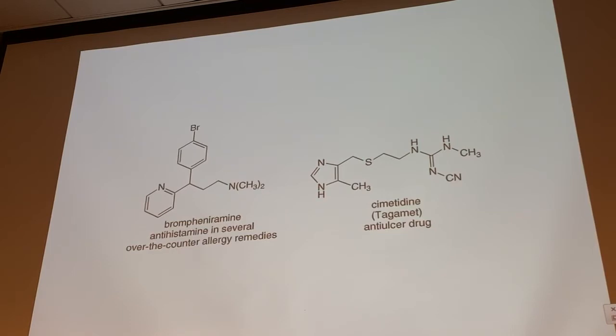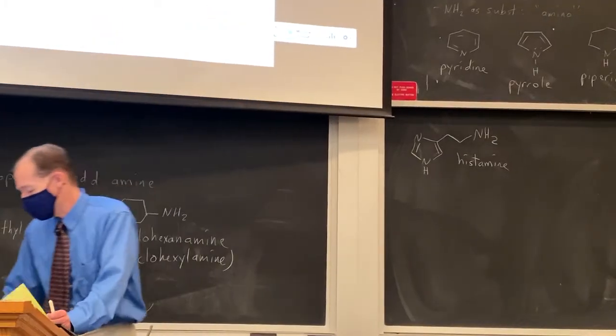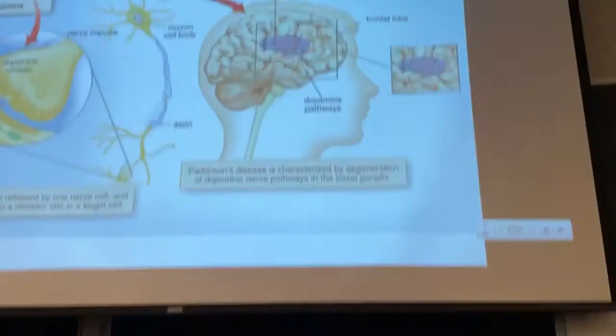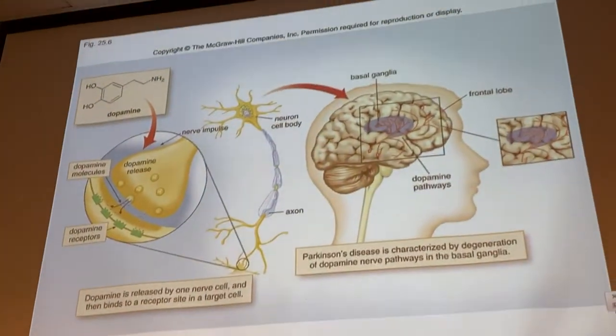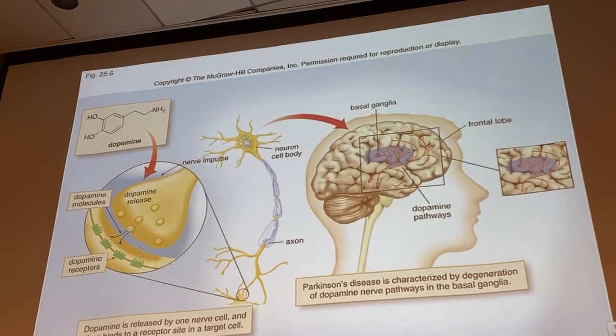And then this type of structure where you have an aromatic ring, an ethyl group, and an amine is very, very common in nature. So dopamine, a molecule that probably everybody's heard of, looks like this. We have this benzene ring, these two phenol groups, and this ethylamine chain.